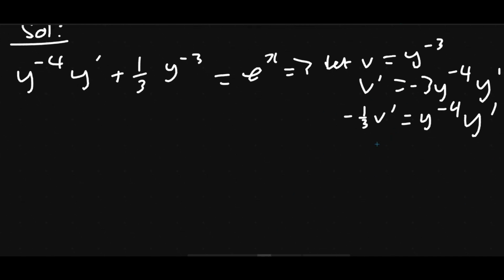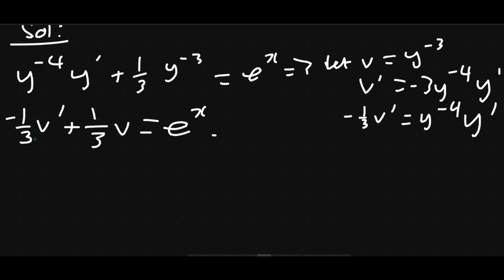So we get negative 1/3 of v prime. Y to the minus 3 is v, so it's plus 1/3 of v, and then e to the x.